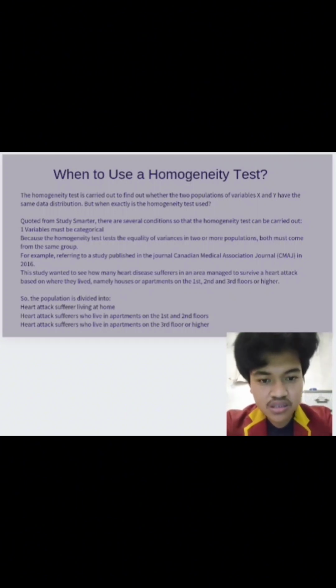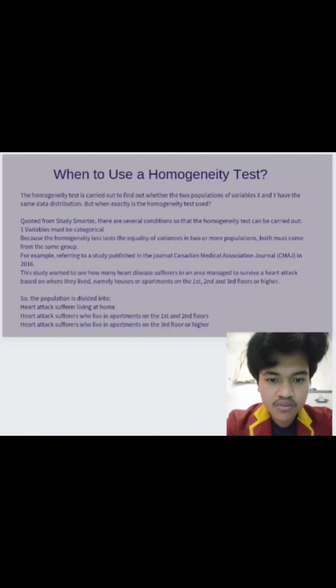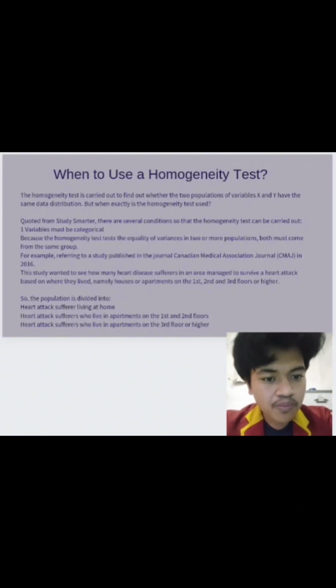The variable must be categorical, because the homogeneity test tests the equality of variance in two or more populations, but they must come from the same group.